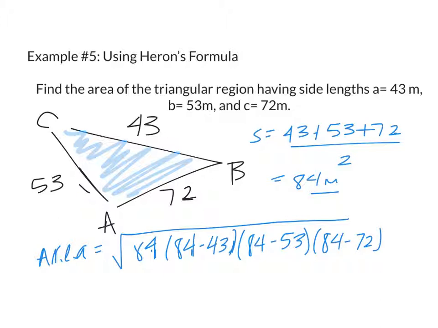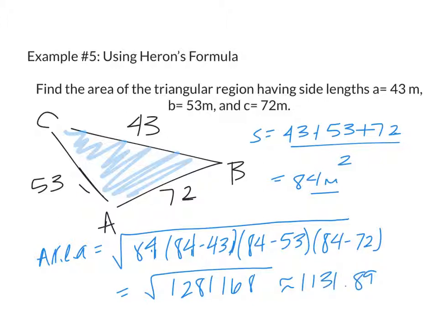If we subtract all of those and multiply them together, that would give us the square root of a really long number, 1,281,168. If you take the square root of that, your area is approximately 1,131.89 square meters. And you're done.